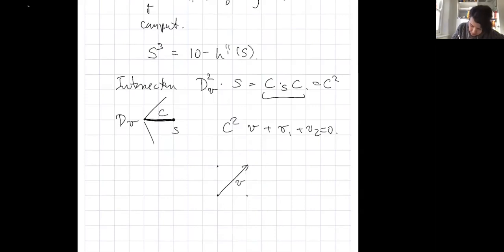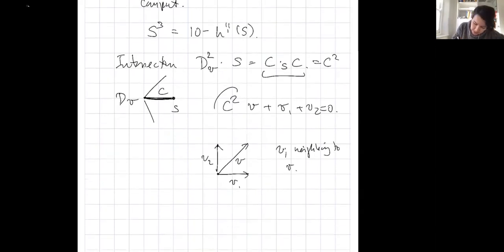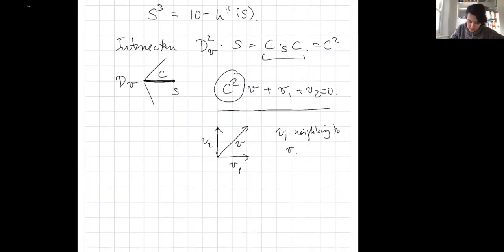Say if this here is V, and these are the two neighboring vectors, V1, V2. So the V_i are neighboring to V. Then that number C squared is determined by the linear combination such that when I add these together, I in fact get 0. Right, so in this case, for example, I have V1 plus V2 is V, so C squared needs to be minus 1. Okay, so that's essentially what this is.